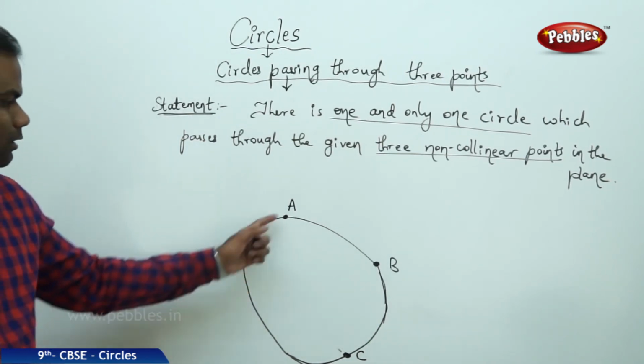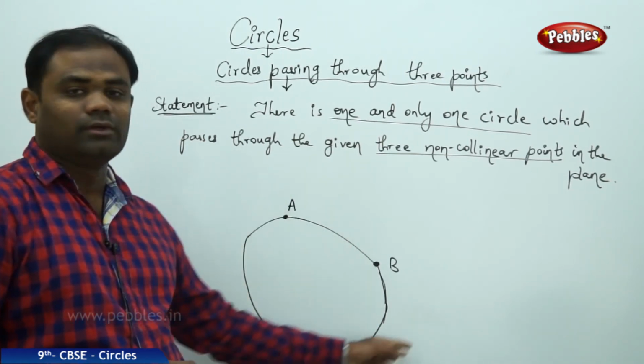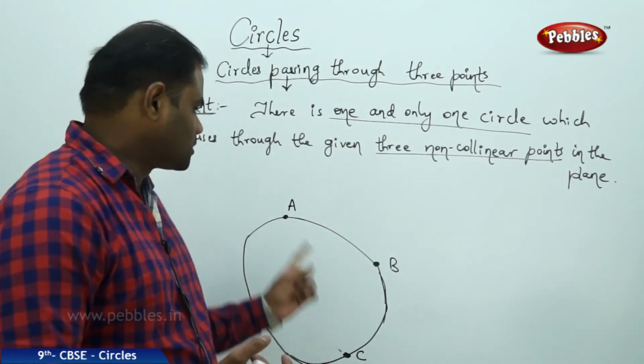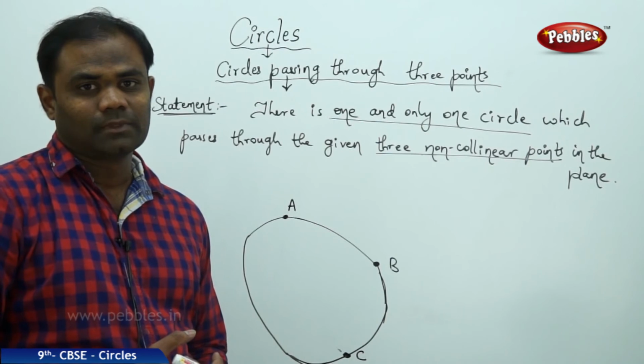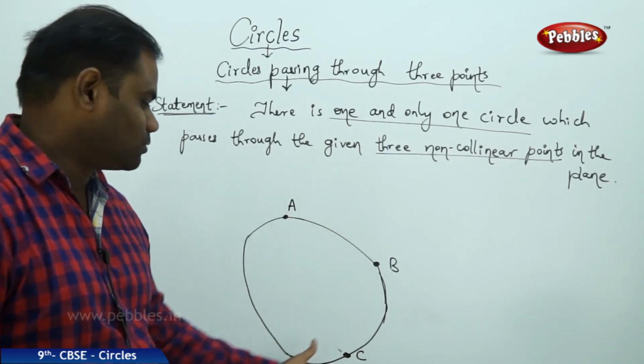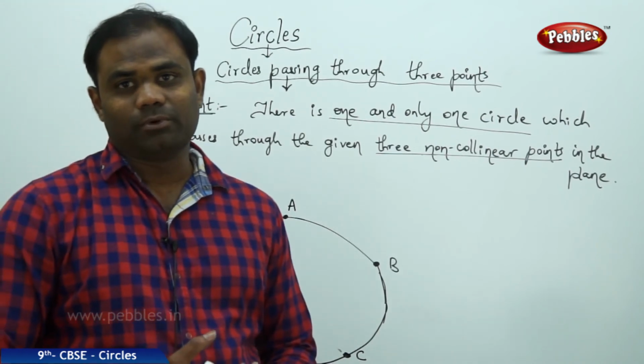A, B, C are non-collinear points where only one circle can be drawn. I cannot draw any other circle which can pass through all the 3 points. It is impossible to draw any other second circle passing through these 3 non-collinear points.